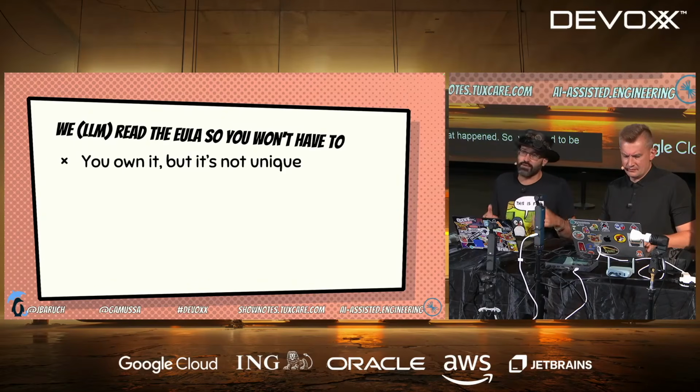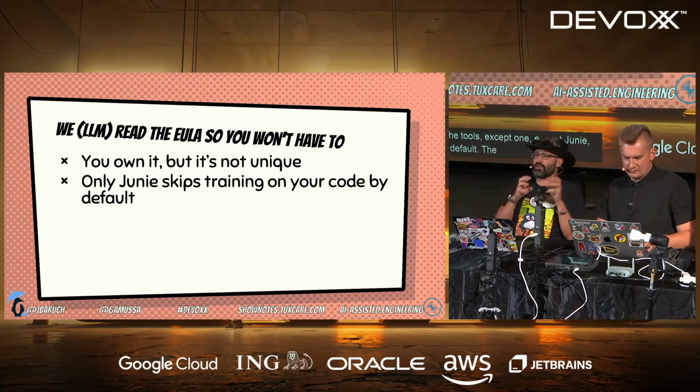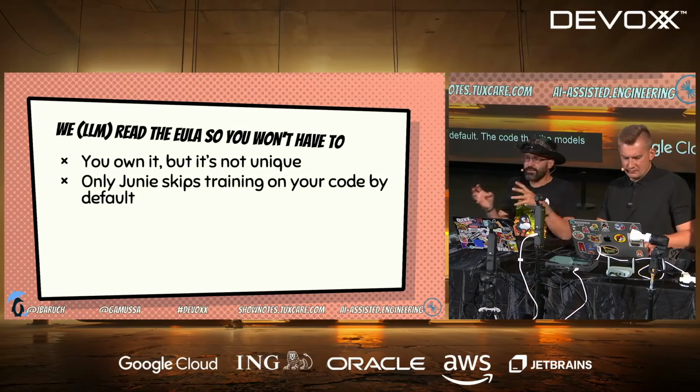Now, if you try to copyright it and say no one else can generate the same code, you might find yourself in a position that someone already generated the same code. Now, all the tools except one, except Juni, train on the code that you generated by default. The code that the models generate goes to the company that provides the model to keep training.